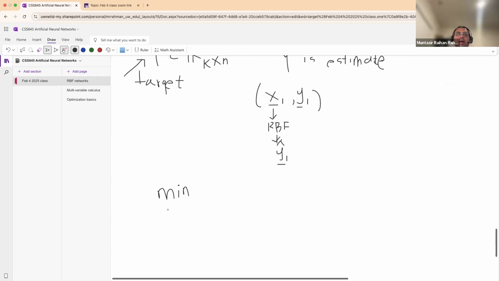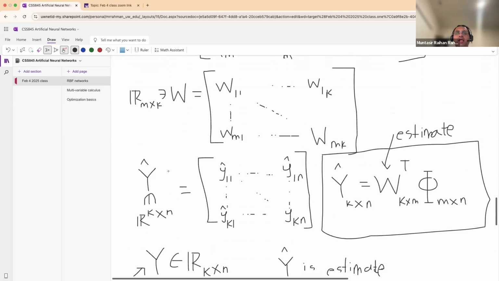And we are going to talk about optimization probably next class, but basically I want to find this weight matrix W such that the distance between y, which is the target, and y hat is minimized. And now if you look here, what is y and y hat?